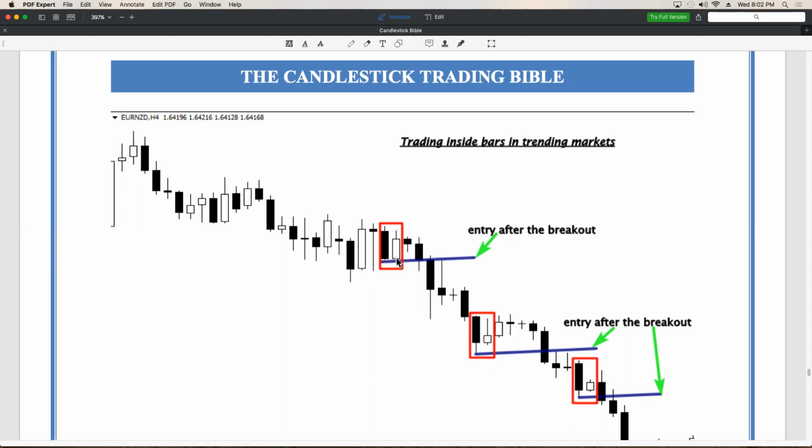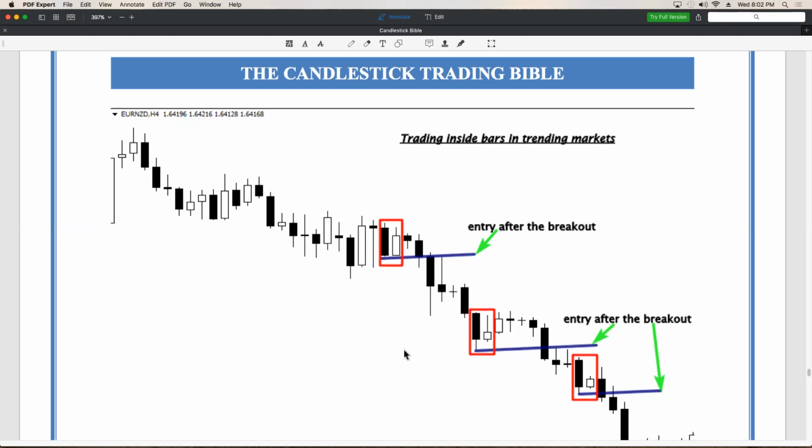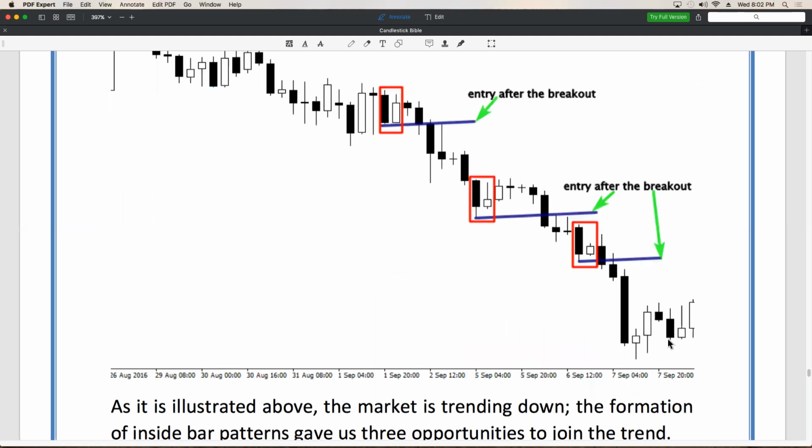Once it breaks below the bottom of the mother and the inside candle, you can enter on the sale. And then your take profit will be at a level of support. And the only level of support I see here is down here. This is a level of support down here.